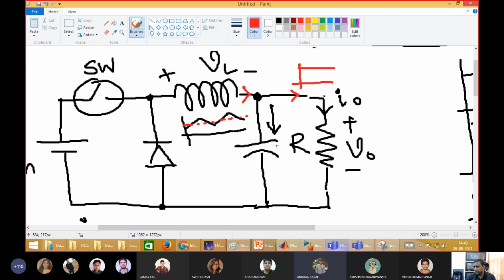Sir, the capacitor tries to maintain a constant voltage across the resistance. Okay. Anything else? Anyone else? Can you repeat the question also? The question is, the DC component of current flows through that resistance.